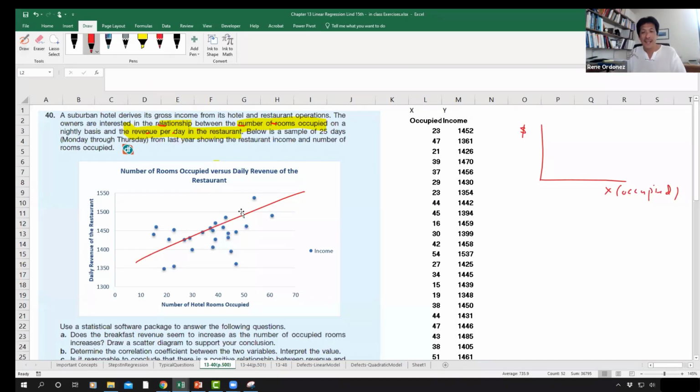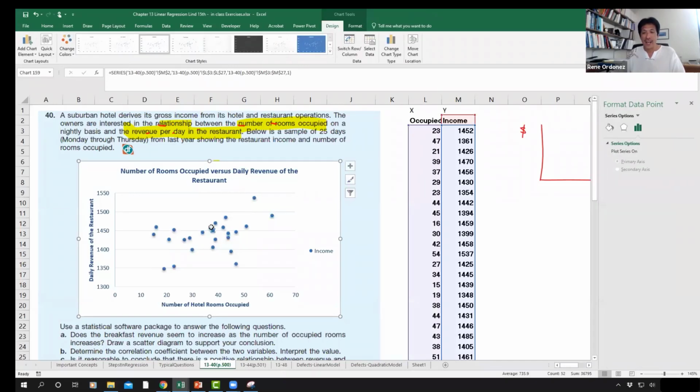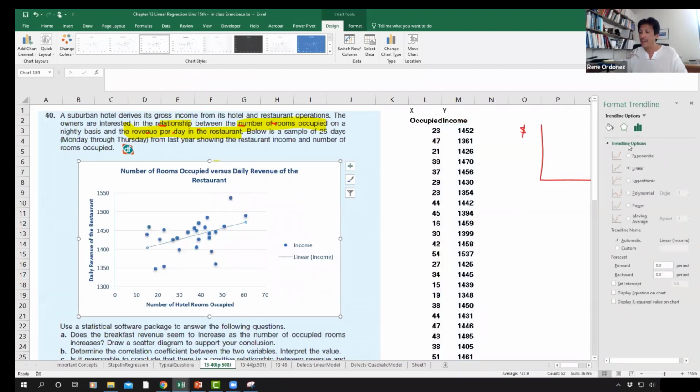All right. Excel will allow you to superimpose a model onto your scatter plot. So I click inside of the graph, and then right click. And one of the options there says add trend line. Okay, this will allow you to superimpose any of these trend line options. Now, the default in Excel is that it picks the linear model.